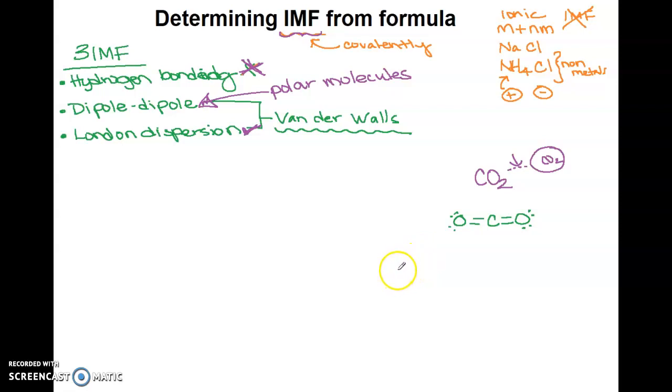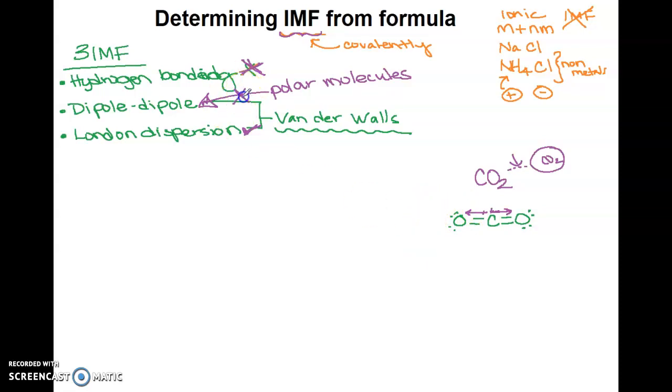Now, you might be thinking, well, I don't have my electronegativity chart. That actually doesn't matter in this case because it's linear. This is a symmetrical linear molecule, meaning even if we got out our electronegativity chart and realized there's a dipole here, it is evened out or canceled out by the dipole over there. So carbon dioxide is a non-polar molecule.